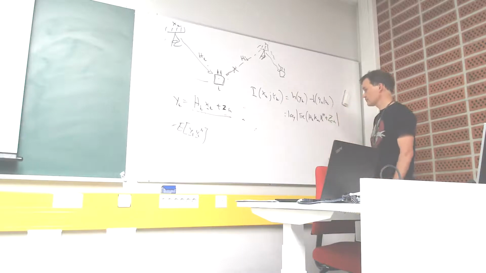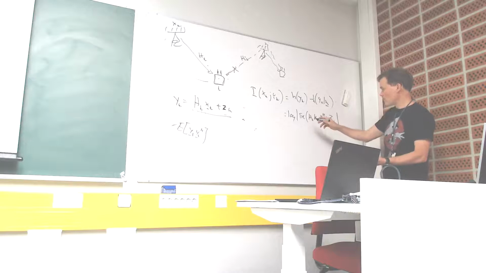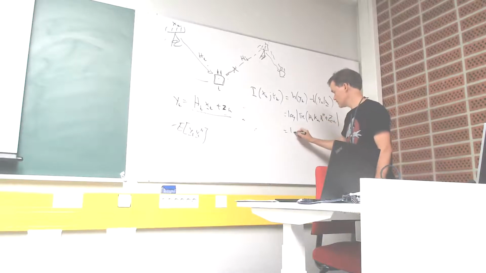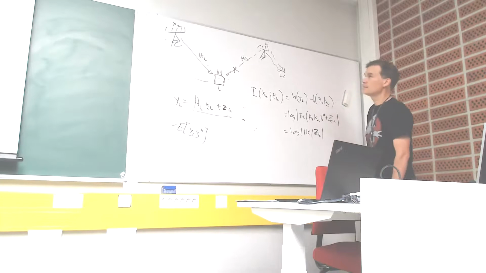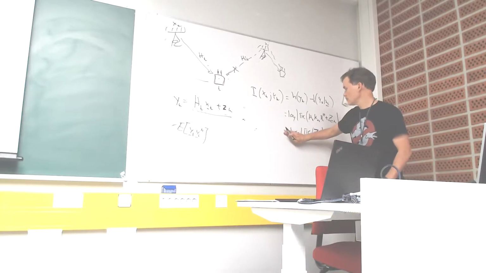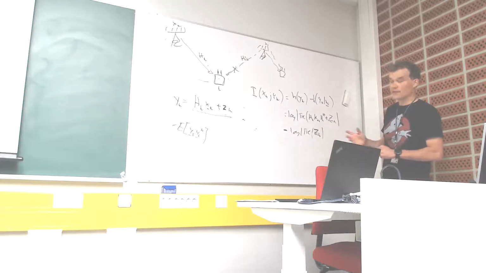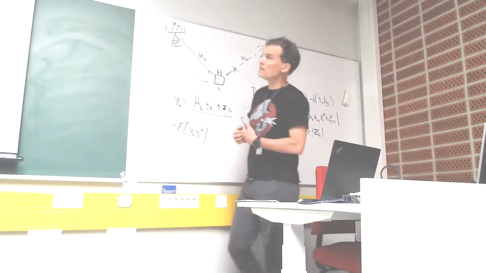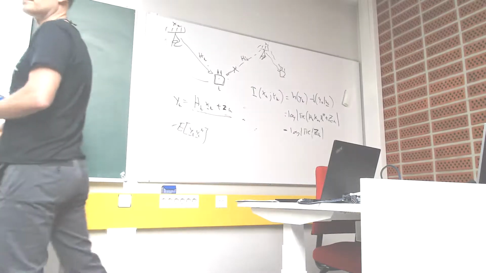And that's it. And then when you remove xk from yk, what is left is capital Z. Okay. So this is the rate expression.